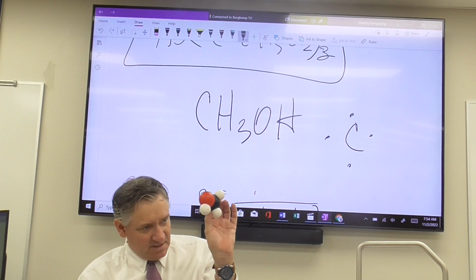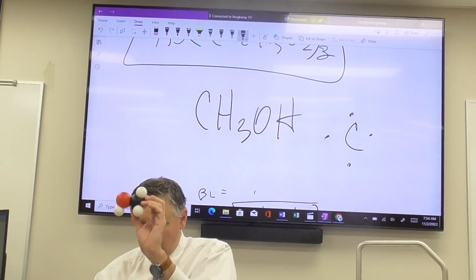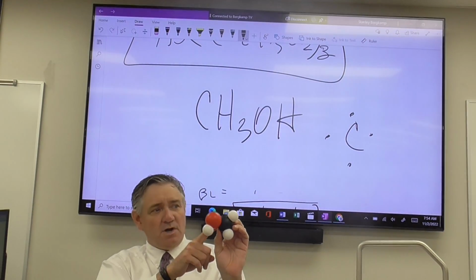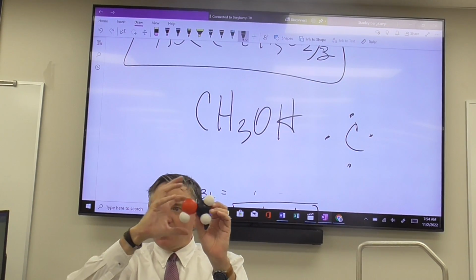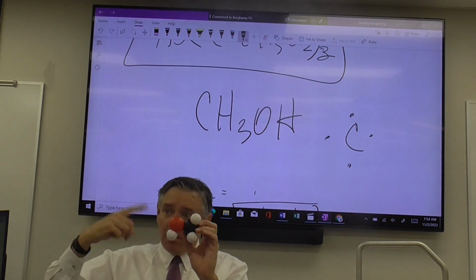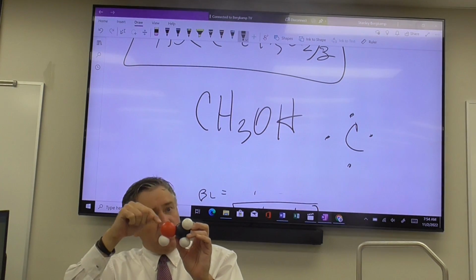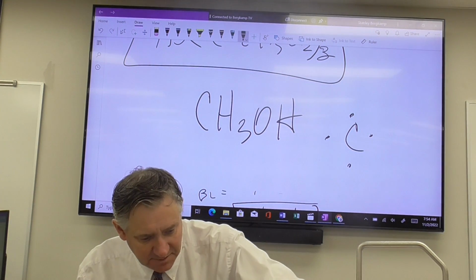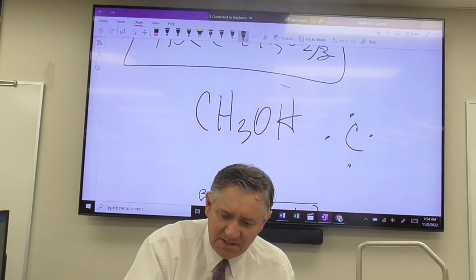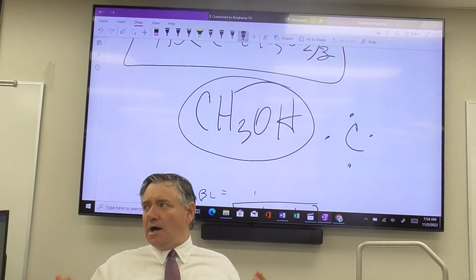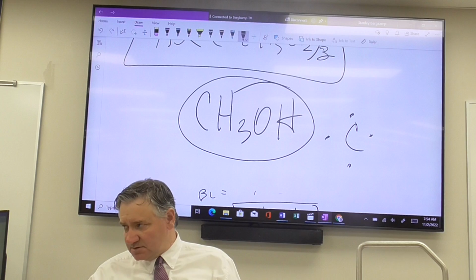If you were to look at a molecule of methyl alcohol, this is what it would look like: 1 carbon atom, 3 hydrogens, and then you have what's called a functional OH group on the end. All alcohols have an OH group on the end of them. So this is going to be CH3OH. These are all made up of nonmetals.